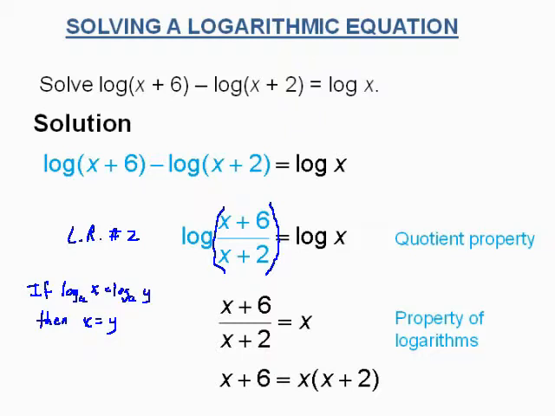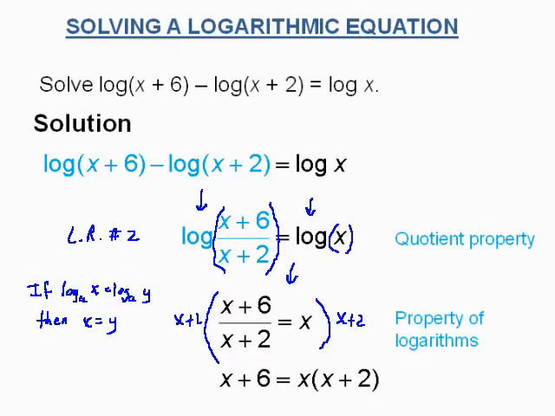So if you've got the log, in the same base, in this case 10, of something equal to the log base 10 of something else, then since you have log equals log, you can just take whatever's after the first one, set it equal to whatever's after the second one, and then solve. So they multiplied through by the common denominator, x plus 2. We'll multiply both sides by the LCD.